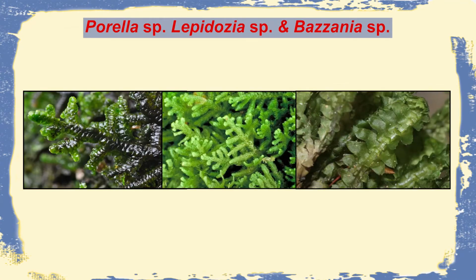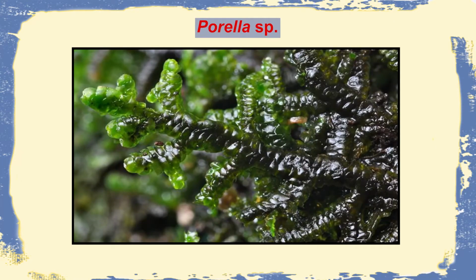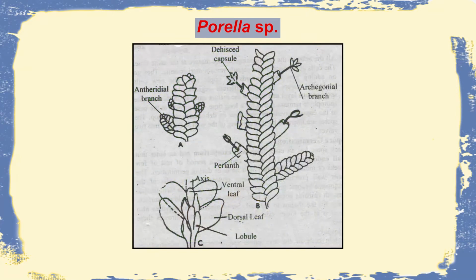In foliose forms of bryophytes, some of the major examples are Porella, Lepidozia and Bazzania. Porella is a foliose form and it is very significant because it consists of a single stem which bears 3 rows of leaves, out of which the 2 rows of leaves are larger and there is a small underleaf also present.